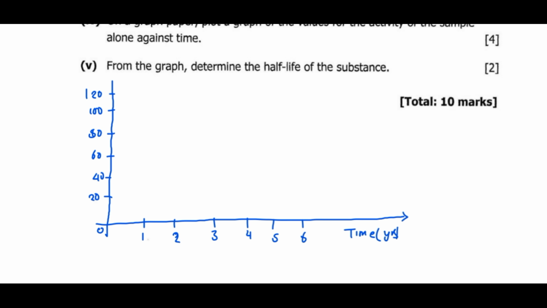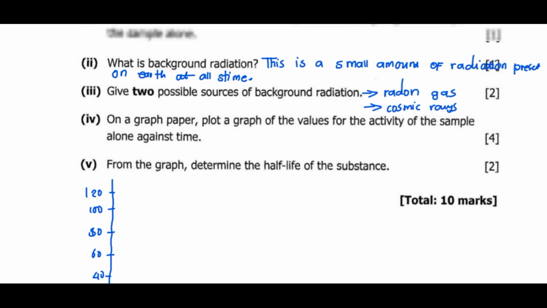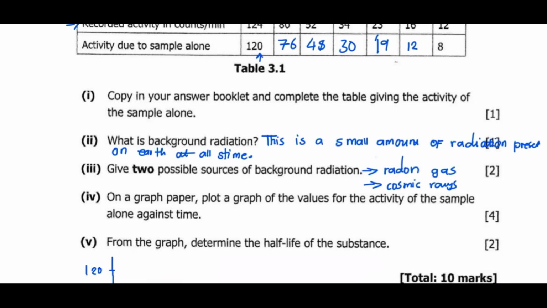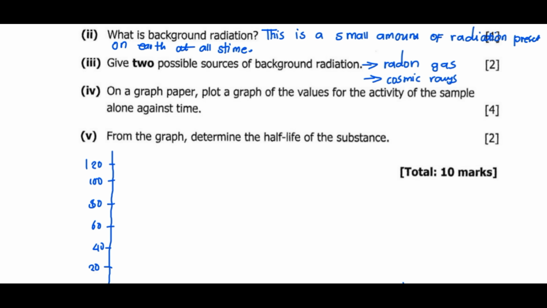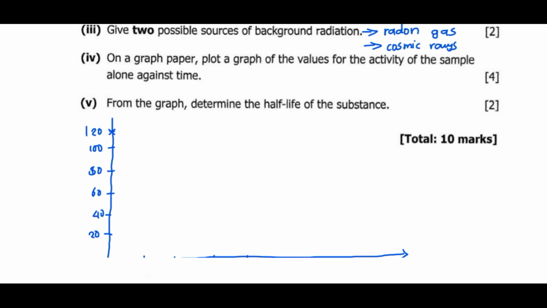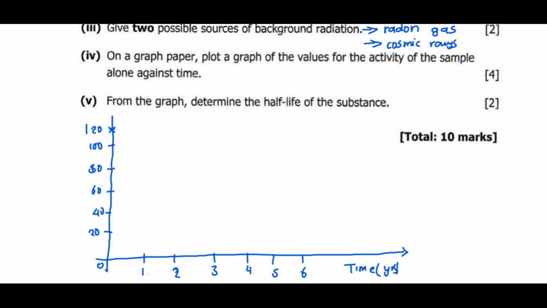In the y-axis we have activity due to sample alone. So the first one is 0, 120, which is here. The second one is 1, 76. So where is 1, 76? It is somewhere here.